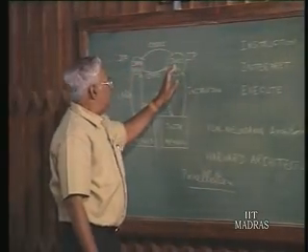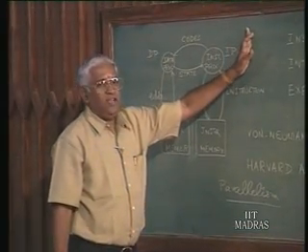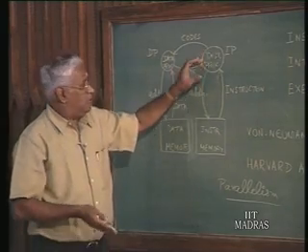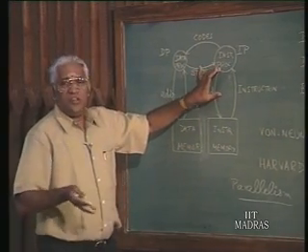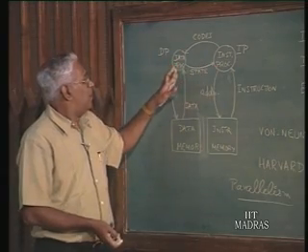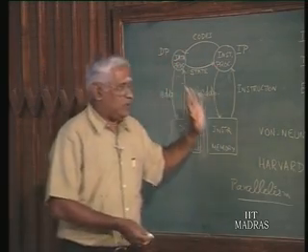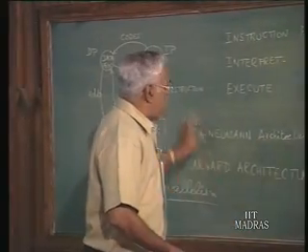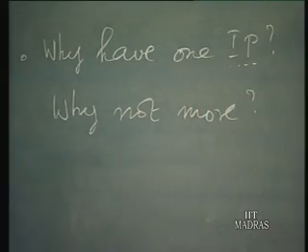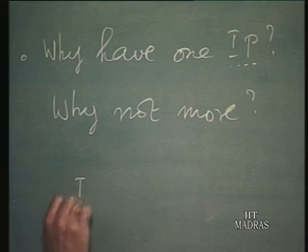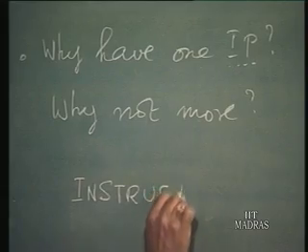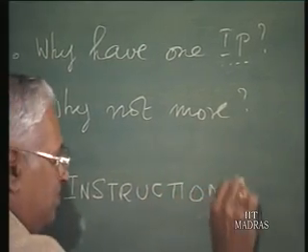You can have more IPs, in which case we can simultaneously fetch a lot of instructions and carry them out. Now, the same question, why have only one DP? We will ask that later. Now, if it is possible to fetch more than one instruction and carry out, then we talk about a system in which we have what is known as instruction parallelism.